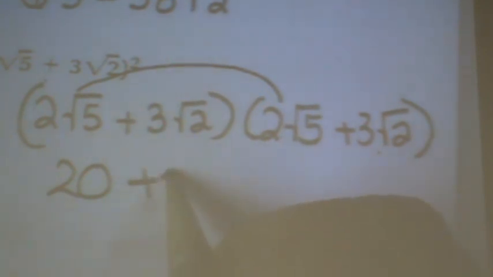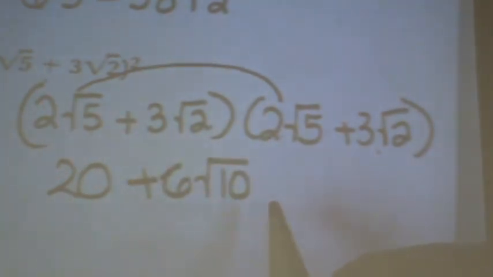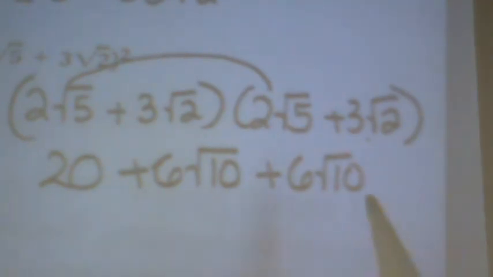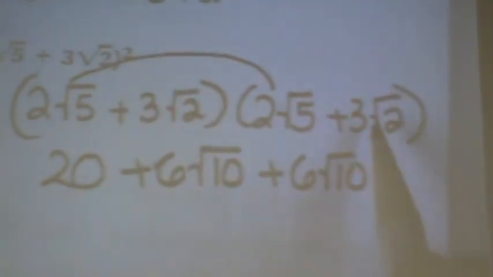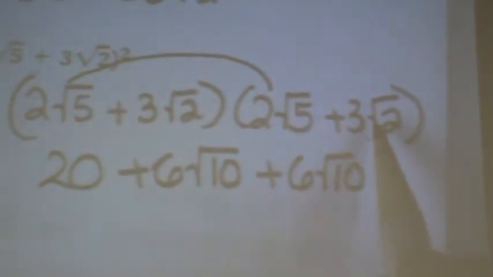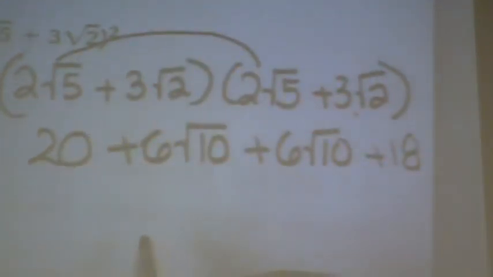You're gonna have another one of them, right? 9 times 2 is 18. You guys are on the ball. What's your final answer?